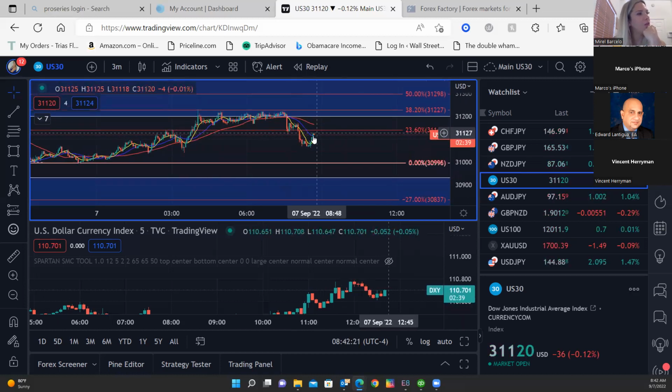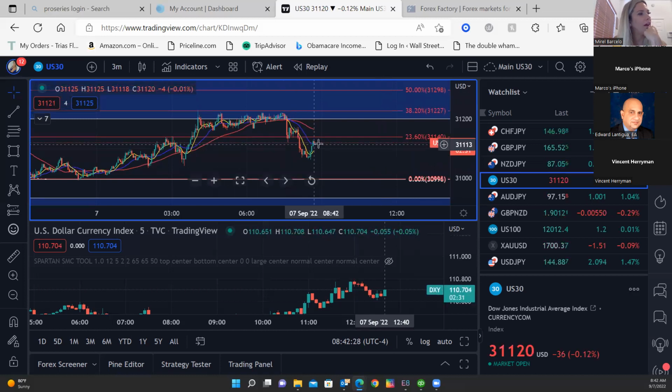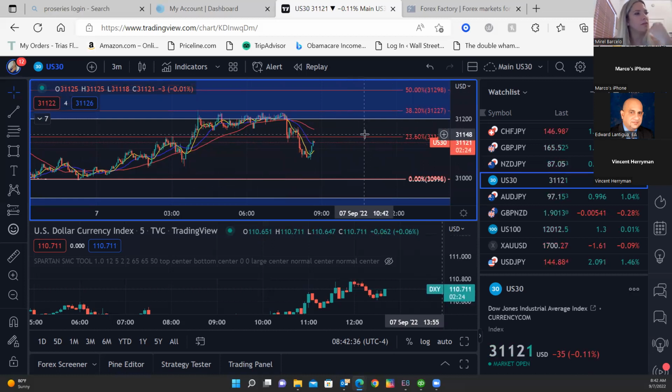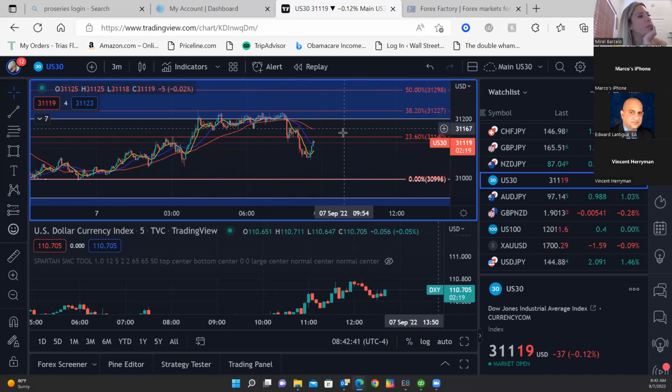So right now we'll see where she goes. She's hooking up a little bit. I want to get back into the trade, but I want to make sure that I get her as high as possible at this point. Hopefully all the way up here, but I don't think so. Maybe at the 23%, she's gonna get back.